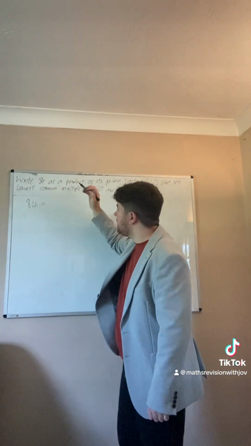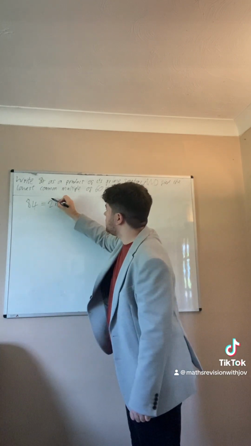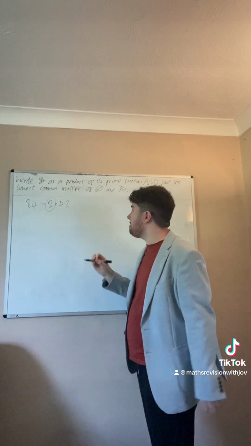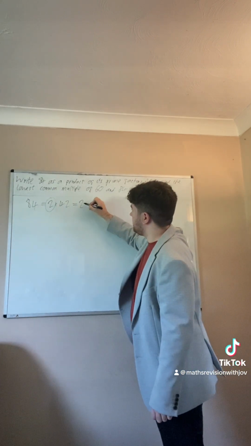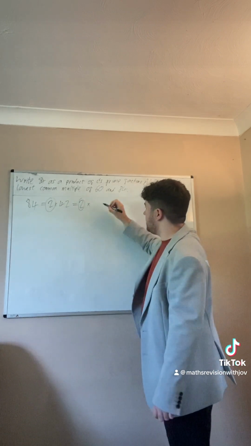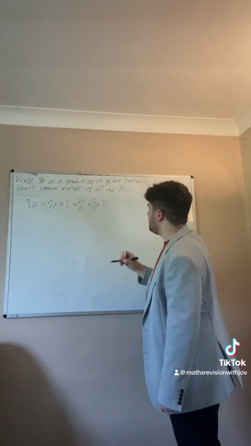So 84 is 2 times 42. 2 is prime, so we can ignore that. 42, so we've still got the 2. 42 is 2 times 21. So we've got another 2.